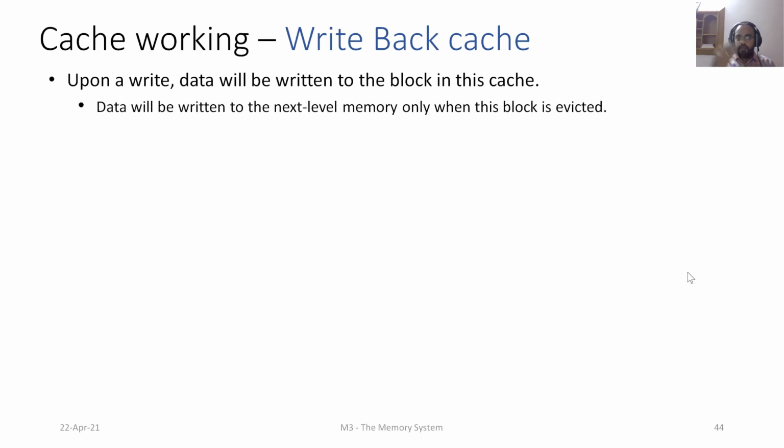So if you imagine there are three levels of cache, for example L1, L2, L3, and there is a store request from the processor, it will go to L1, let's say it is a write hit, and the data will be updated only in the L1 cache. The updated data will not be seen by L2 or L3 or even the memory. So when will they see the updated value? Only when this particular block gets evicted from the L1 cache.